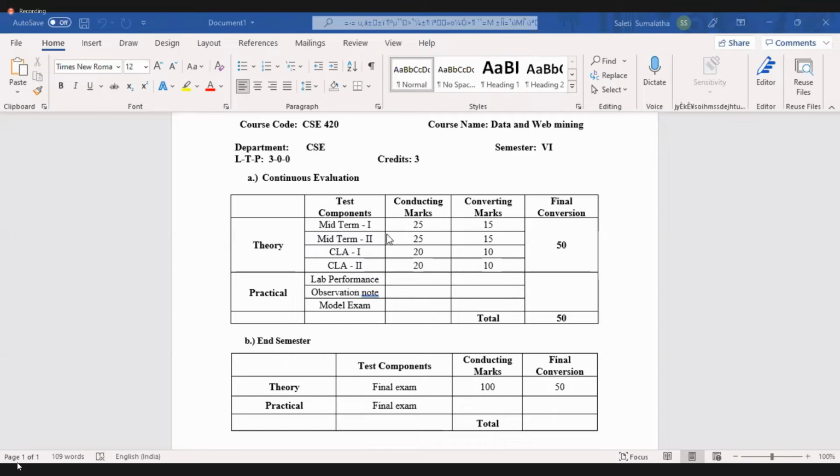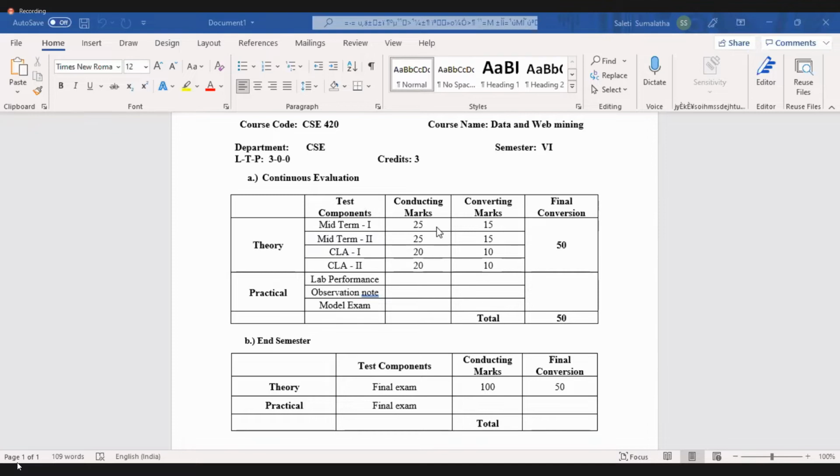Mid 1 and mid 2. As of now, for one mid, continuous assessment based marks will be given, as done last semester. We have not been given any new instruction, so we'll follow the same thing. Continuous evaluation will be given for one mid, and for the second mid there will be a written exam.